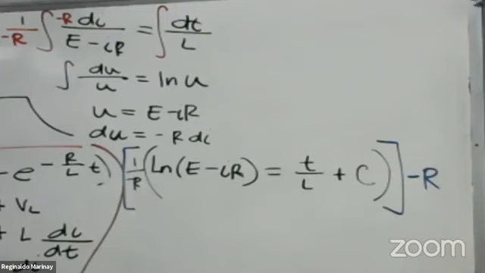Okay, let us multiply both sides by negative R. What will happen? See the equation?